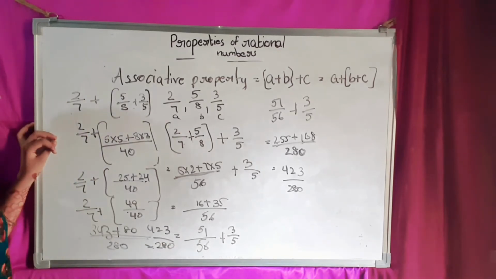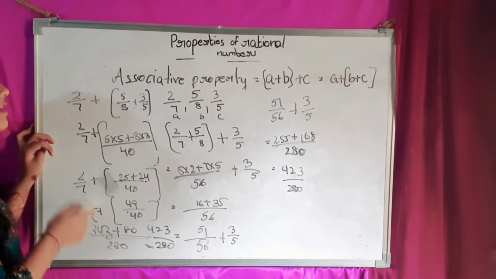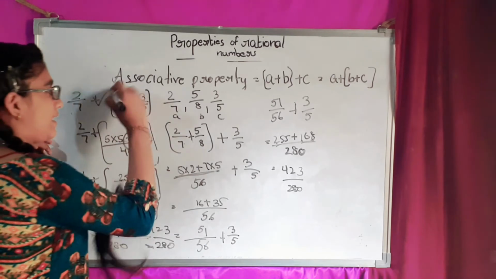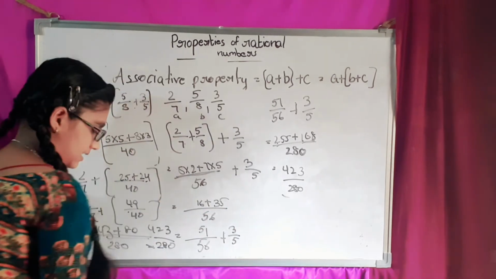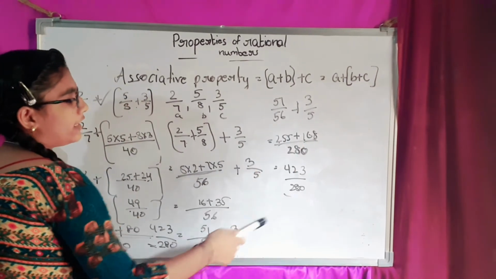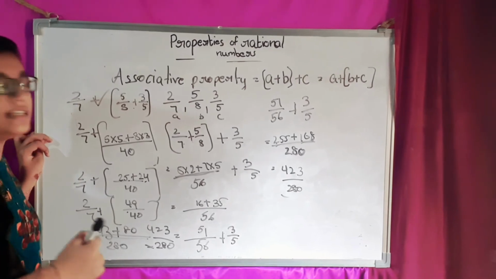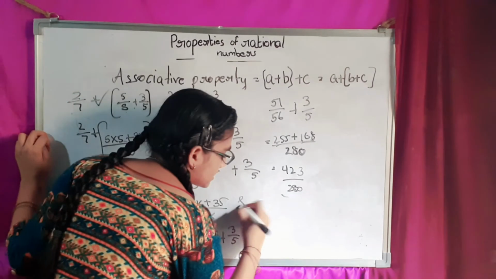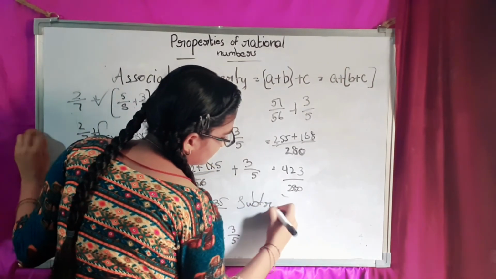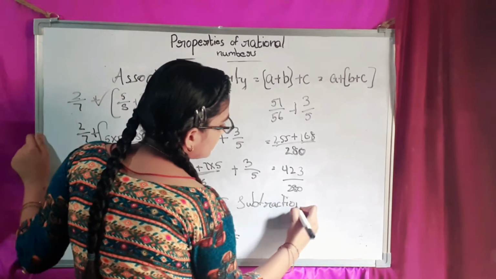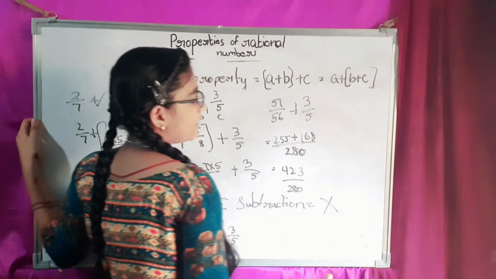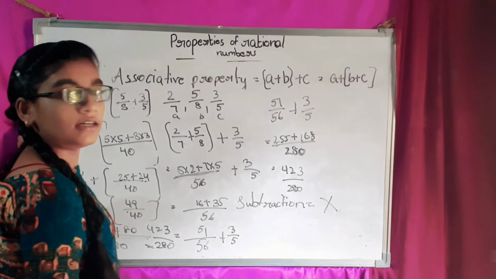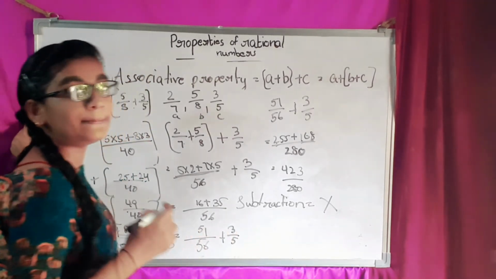Here, in this associative property, the addition is satisfied because the reverse order and normal order answers are the same. But in subtraction it won't be. Why? Because the answers will not be the same.